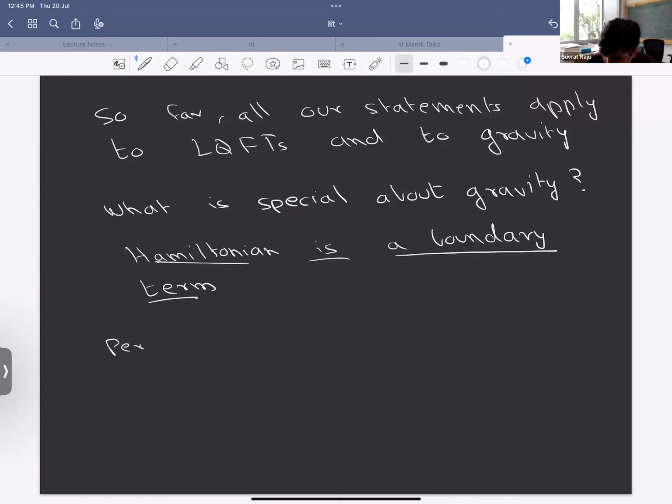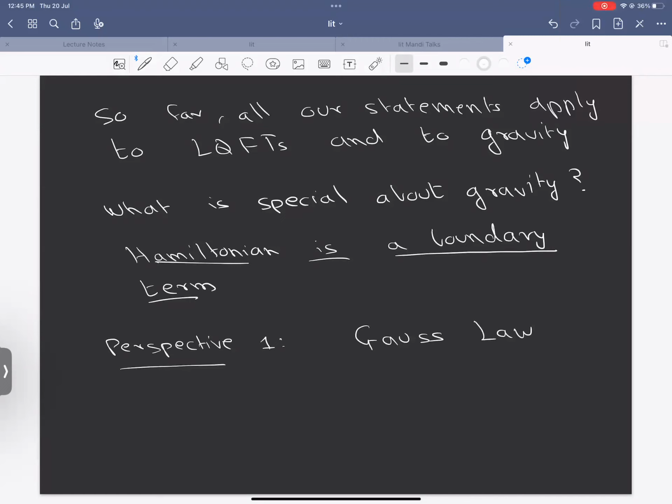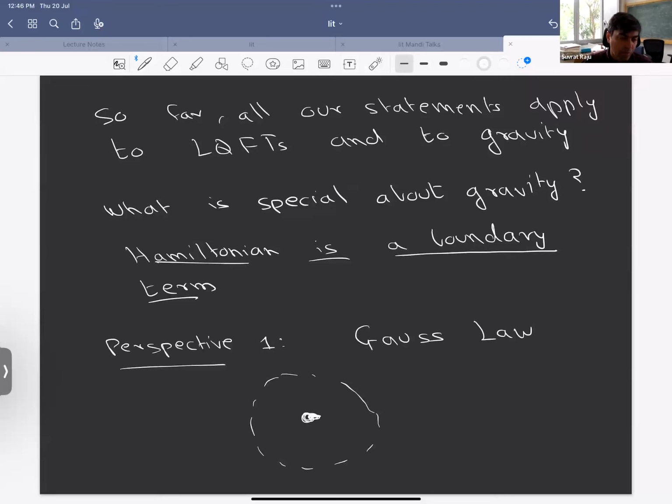This is actually a very physical statement from one perspective, and this is just the Gauss law. The Gauss law tells us that if we have some energy here, and we want to measure how much energy there is, then we don't actually have to go and measure the local energy density in a theory of gravity. It's sufficient to measure the gravitational field outside here on a Gaussian surface. And therefore, the Gauss law tells us that the energy can be measured from infinity.